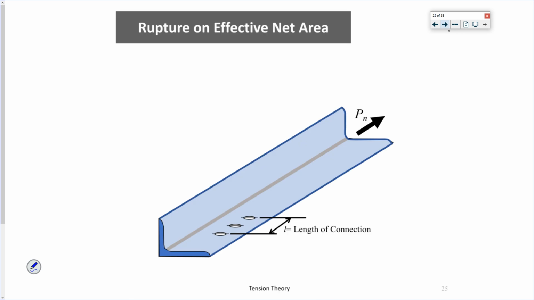So let's look at an angle that's only connected on one of its legs. This is what it means when not the entire cross section is connected.